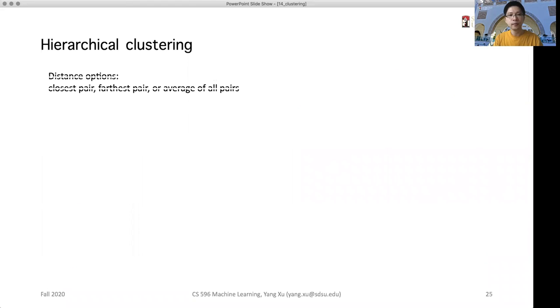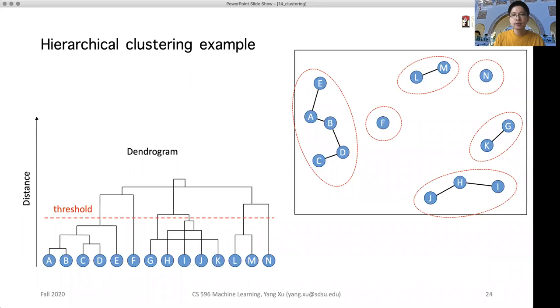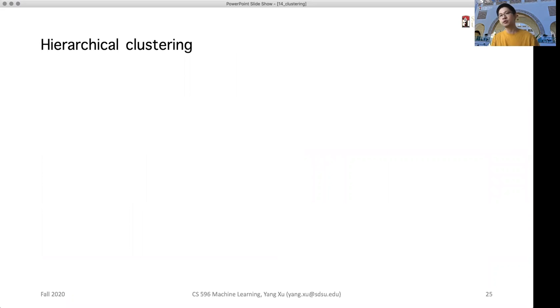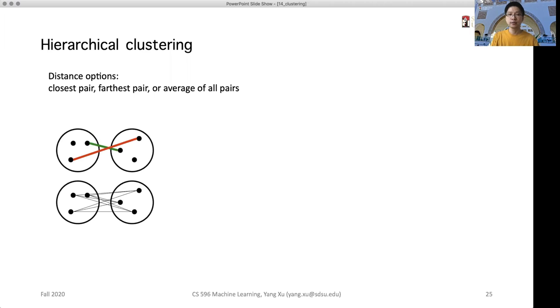Okay. So we mentioned that there will be a lot of different choices for the distance. For example, when we consider the distances between clusters, we can use the closest pair of data points, or the farthest pair, or even the average over all pairs of data points. Different choices of distances will influence the cluster results.